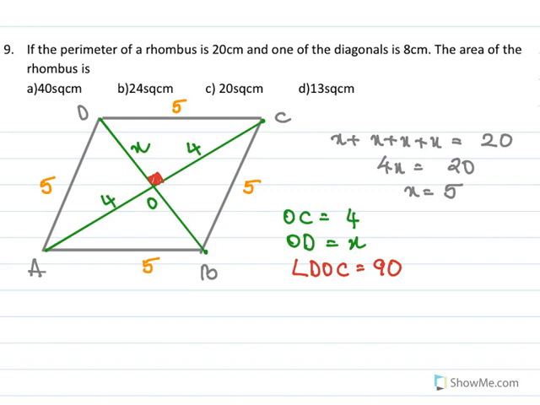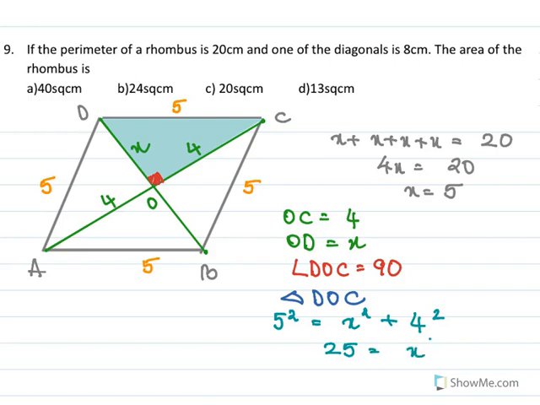So we can use Pythagoras theorem in the triangle DOC. So here is DOC and we'll use Pythagoras theorem. So we have 5 square, which is the hypotenuse, equal to x square plus 4 square. So 25 equal to x square plus 16.